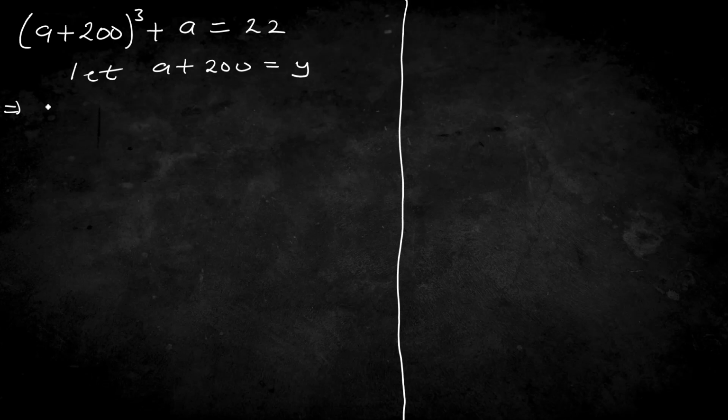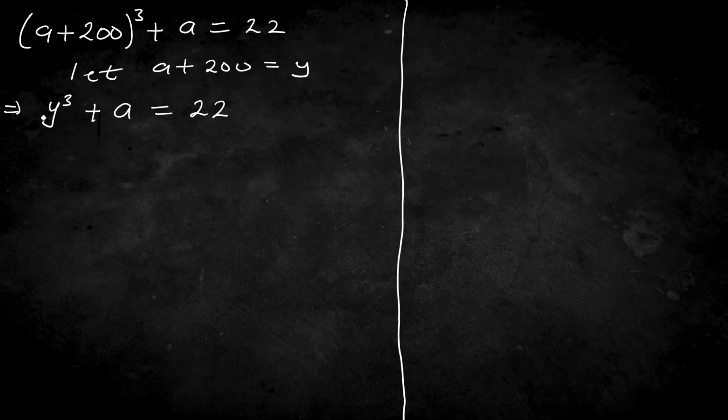So let's bring back y. So we have y to the power 3 plus a equals 22. All right, now let's do substitution here since we are working in terms of y.